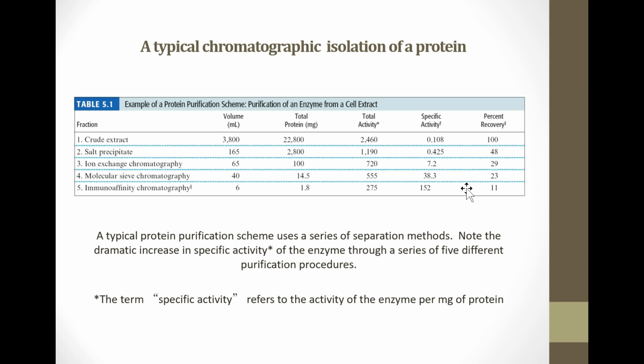Like I said earlier, you nearly always need to do a series of isolation steps to get to a pure protein. If I ask a free response question, how would you go about isolating this protein? It's not uncommon for a student to say, well, I would just do immunoaffinity chromatography because it's so specific and I'm done.